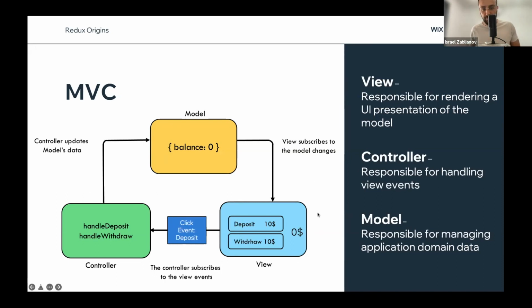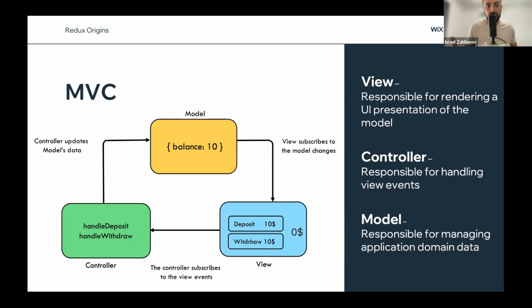And how does it work? If a user clicks on the deposit button, an event is sent to the controller. The controller takes this event and decides what to do with it. In our case, the controller will decide to update the model data, so it sends a notification to change the data immediately.